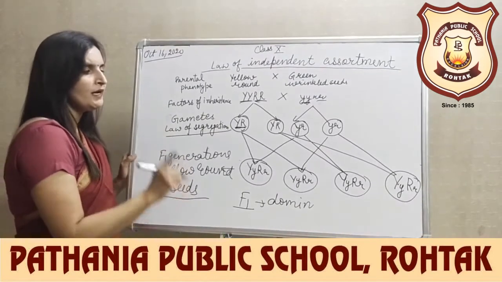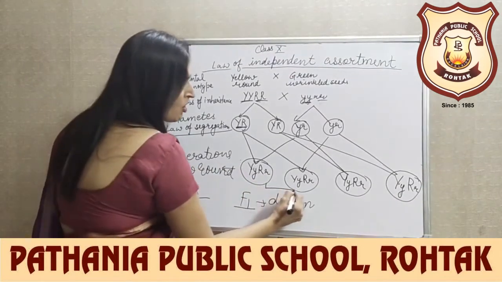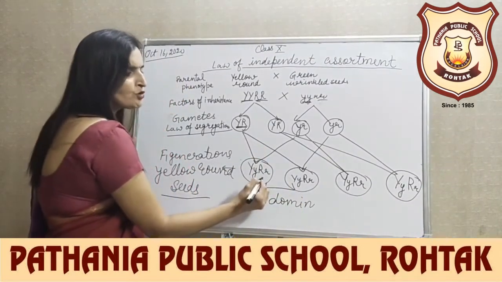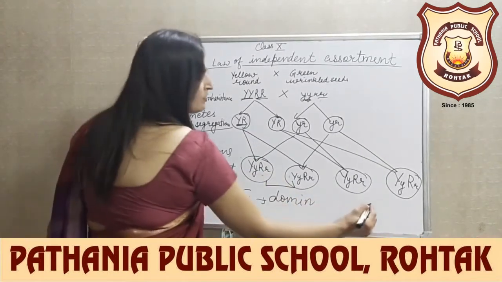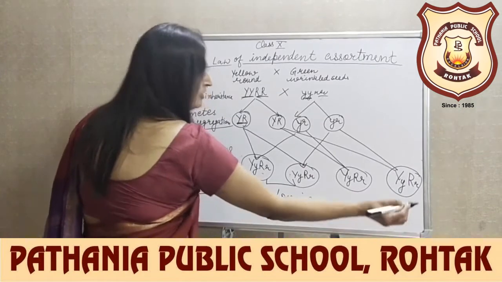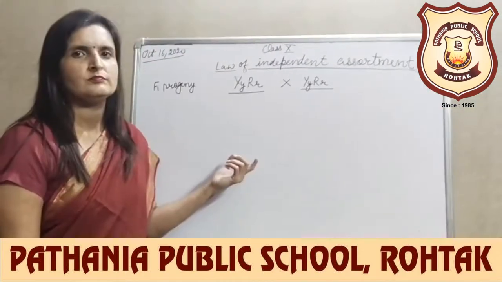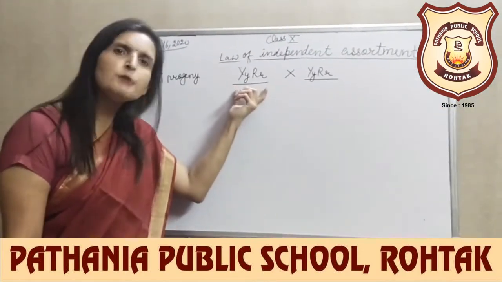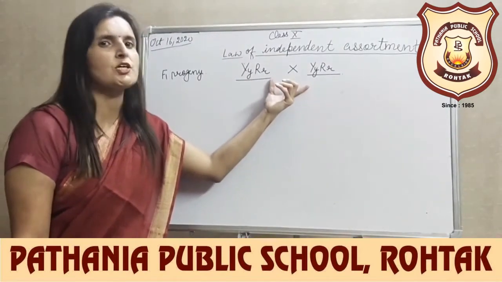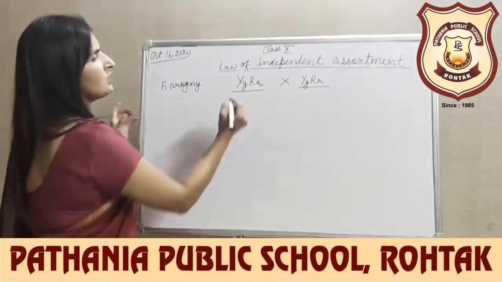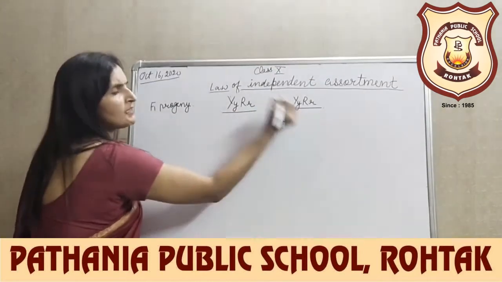Now Mendel crossed the progenies of the F1 generation, and the results obtained were, when F1 progeny were crossed amongst each other, the genotypes were like this.